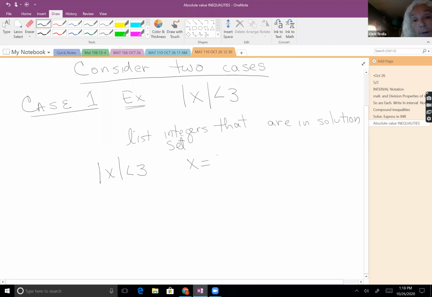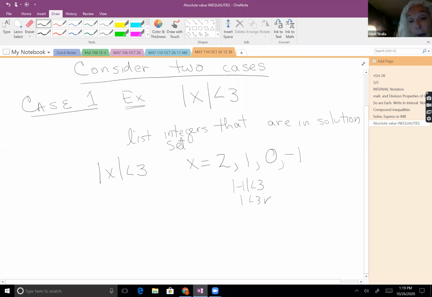Is everybody all right? x could equal 2. The absolute value of 2 is smaller than 3. It could equal 1, right? The absolute value of 1 is smaller than 3. It could equal 0. The absolute value of 0 is less than 3. Could I add some negatives? Is the absolute value of -1 less than 3?